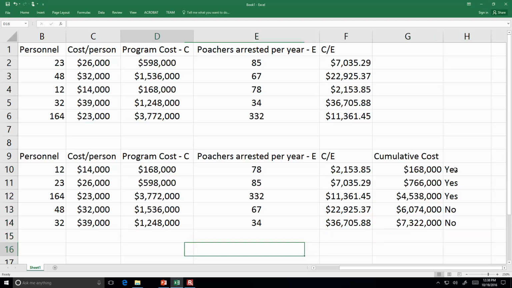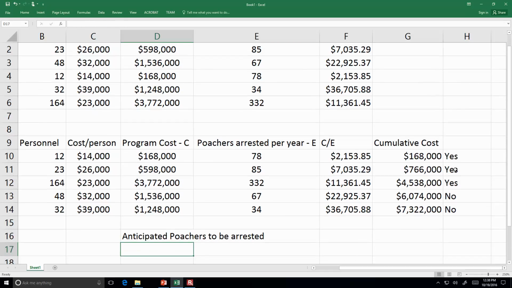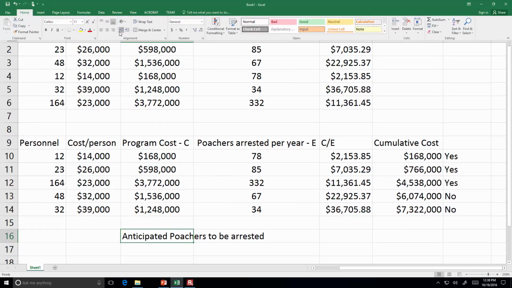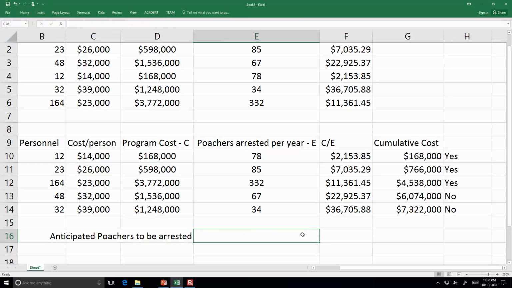And so the anticipated poachers to be arrested, if the past data is any guide, we'll just total the three that are funded. So we would add these three together, and we can expect to have 495 poachers arrested for the $5 million that we spend.